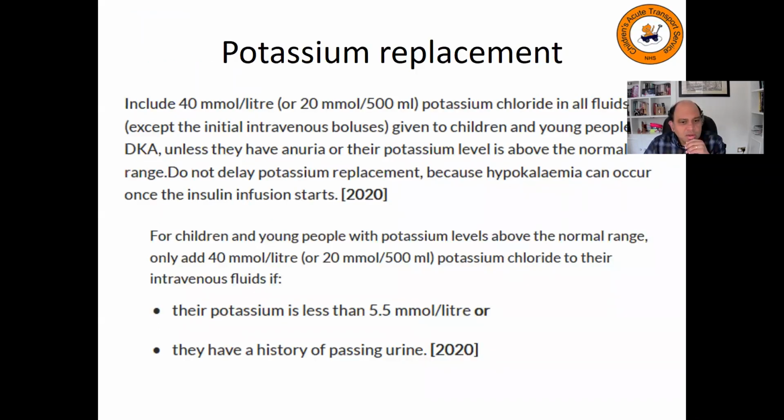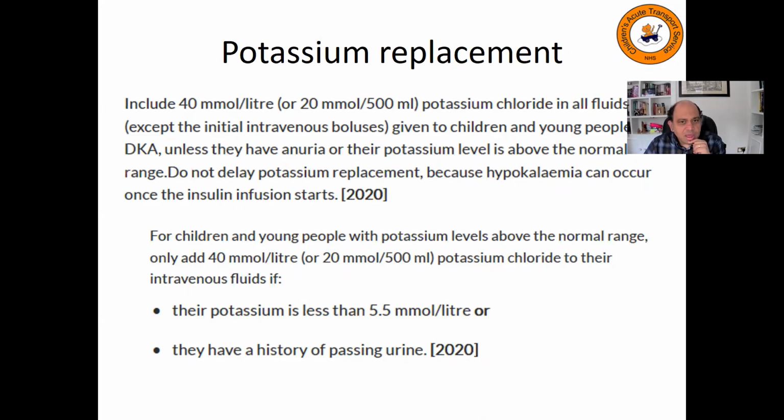So the current guidance from NICE is to include 40 millimoles per liter of potassium chloride in all fluids, except the initial IV fluid boluses, unless they are anuric or the potassium is greater than 5.5.